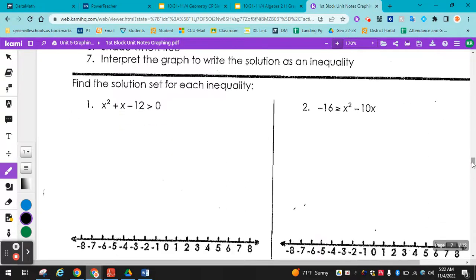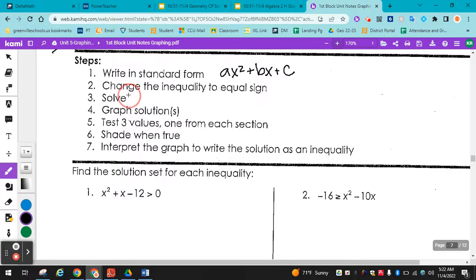So we're going to solve it. When you solve it, we had a test on solving it. You can factor. You can use your quadratic formula. You can use completing the square.